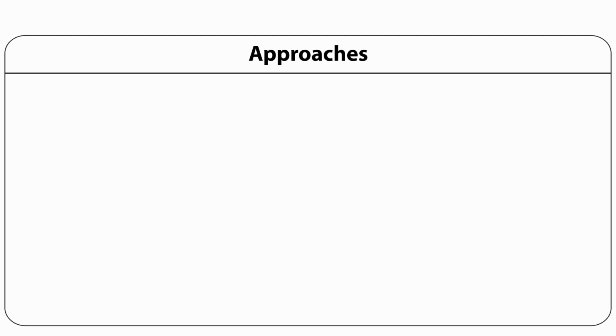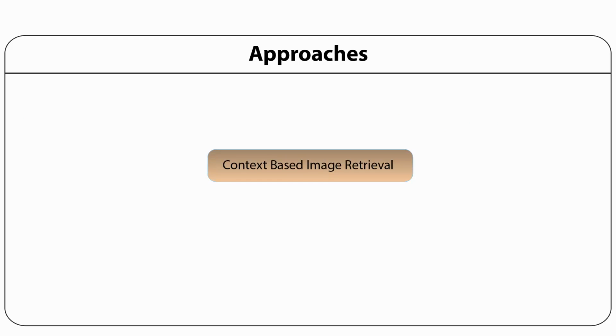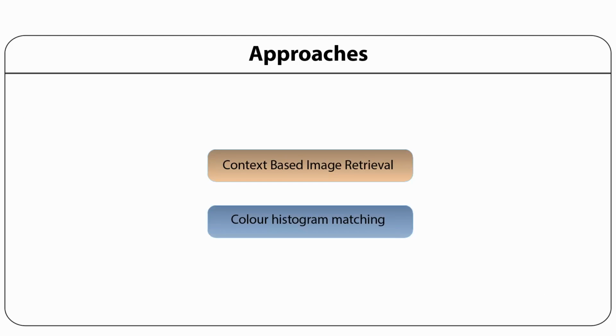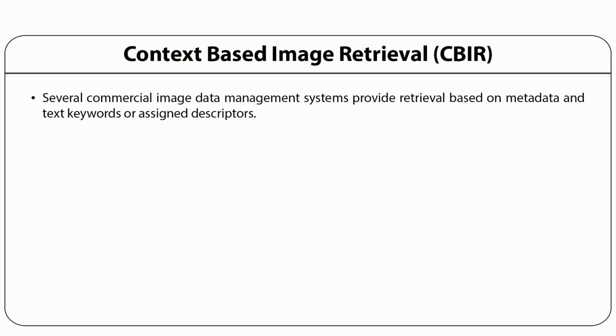There are two approaches which are followed in image retrieval. The first approach is context-based image retrieval, and the second is color histogram matching. Context-based image retrieval (CBIR): several commercial image data management systems provide retrieval based on metadata and text keywords or assigned descriptors.